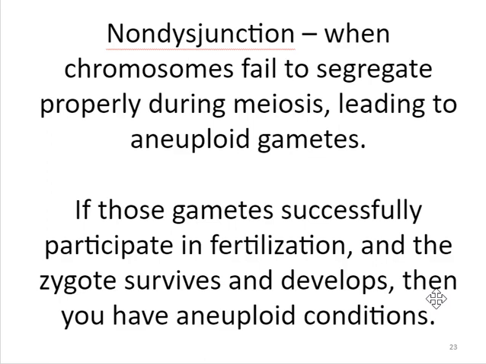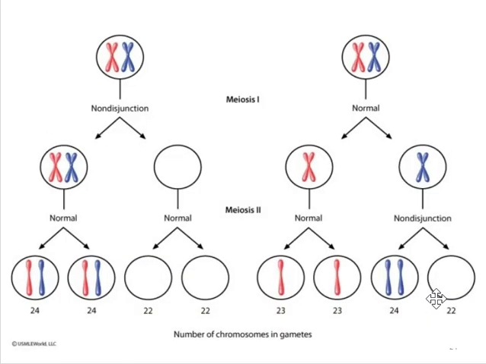The term nondisjunction means the chromosomes fail to segregate or separate properly during meiosis, and it leads to aneuploid gametes. Then when those aneuploid gametes participate in fertilization events, you get aneuploid individuals. So nondisjunction events can happen in two ways.